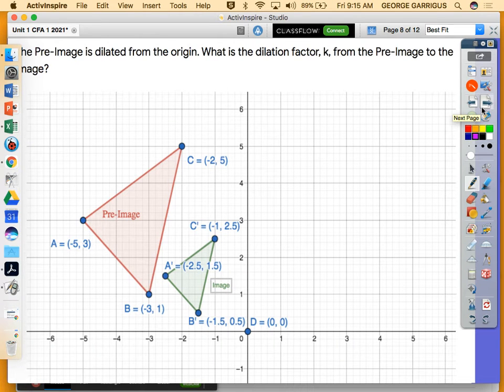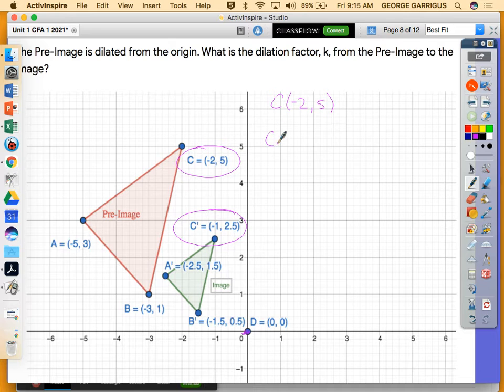The pre-image is dilated from the origin. What is the dilation factor K from the pre-image to the image? So now let's take a look at point C and point C prime, because we're dilating from the origin, and we see that C is at -2, 5.